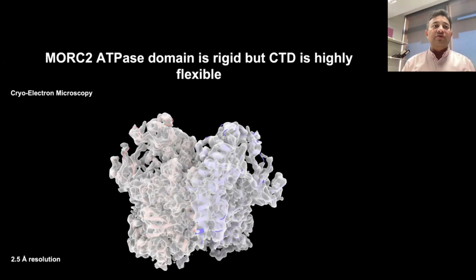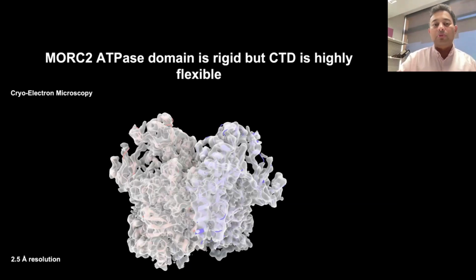But more importantly, we were able to reach about 2.5 angstrom resolution for this full-length MORC2 map, and that can in future give a structural basis if someone wants to design rationally designed drugs against it. So there is a structure, and if you come up with a few good drugs, you can go back with the structure at high resolution to understand how those drugs are going to affect MORC2.